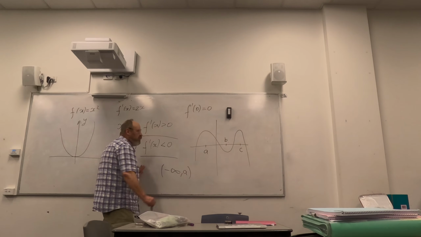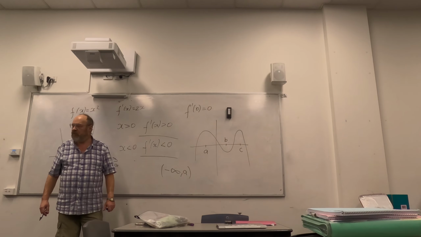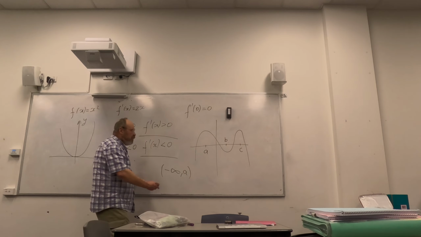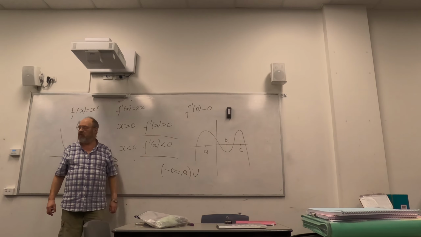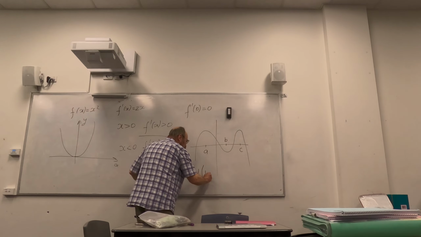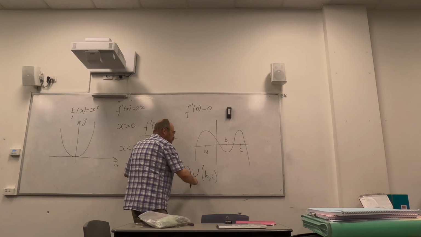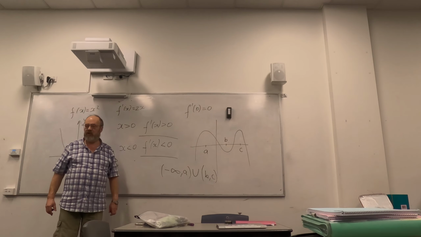Because the derivative at a will not be positive. It will be 0. Now the next interval where the function is increasing, b to c, again not including them. So the function is increasing on the interval from b to c.